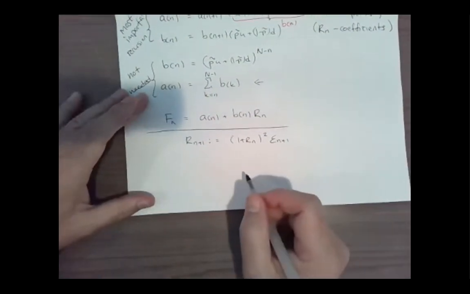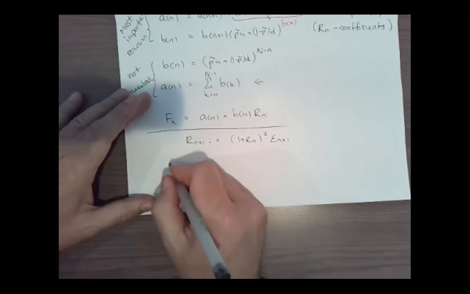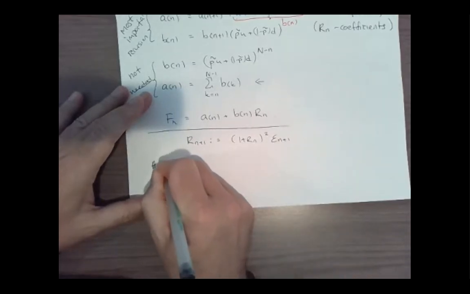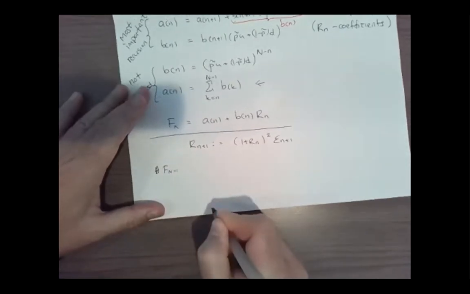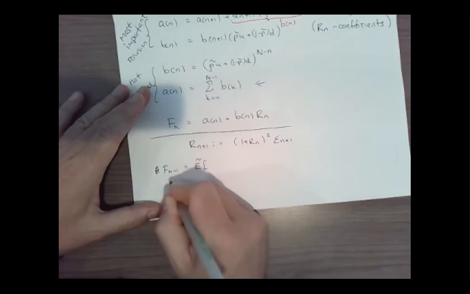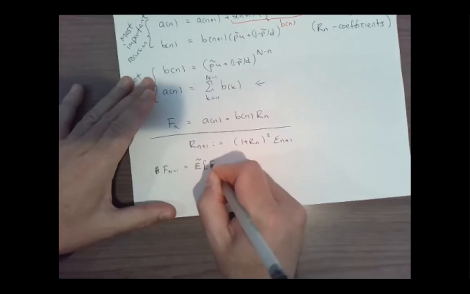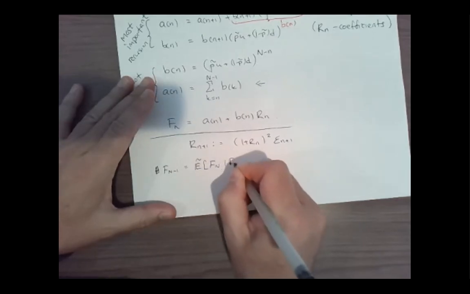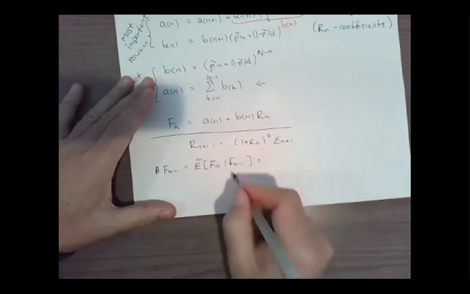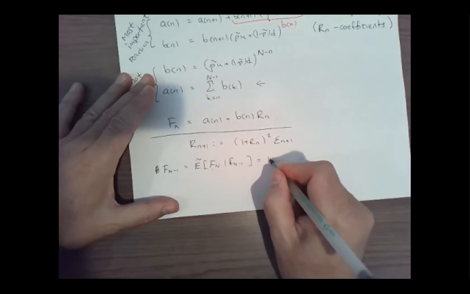So again, I would go backwards. I would start by saying that f_{n-1} is going to be the conditional expectation of f_n given F_{n-1}. And so you use the requirement that at the end, this is exactly the interest rate.